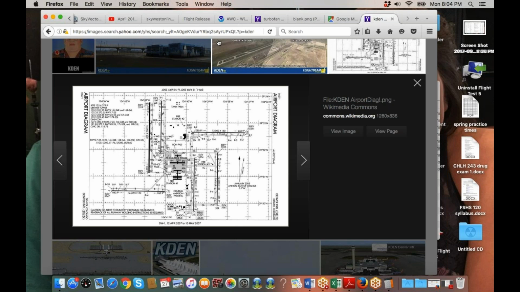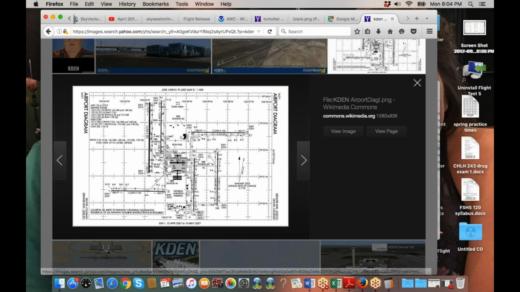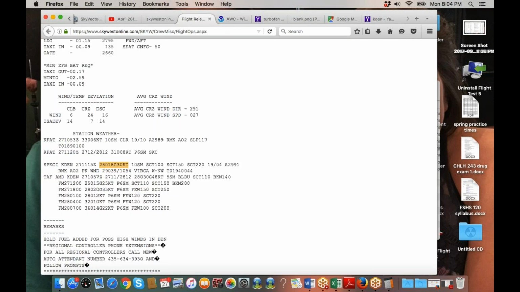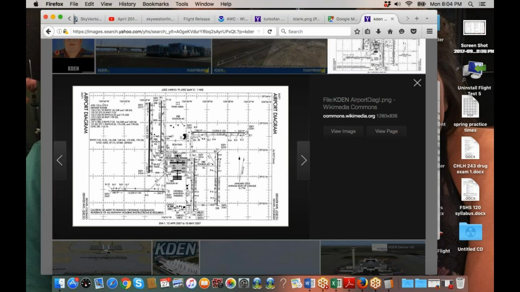So if you had 48 gusting tailwind, or where was it? Let's just say that we actually had these 48 knot gusts. To give you a little hint on that, this is 26 going in right there, and then 8 going out, and then this is 25 going this way, and 7 going this way.